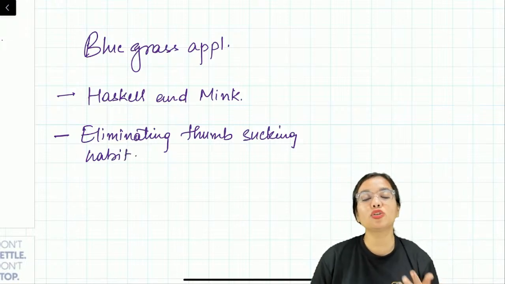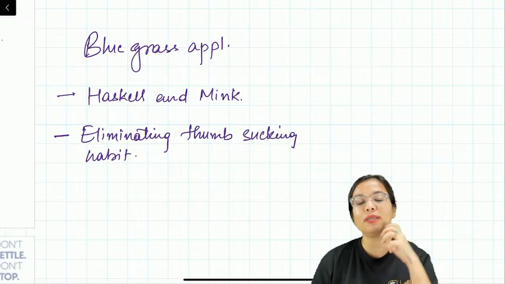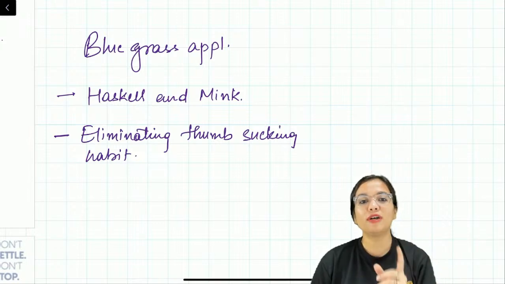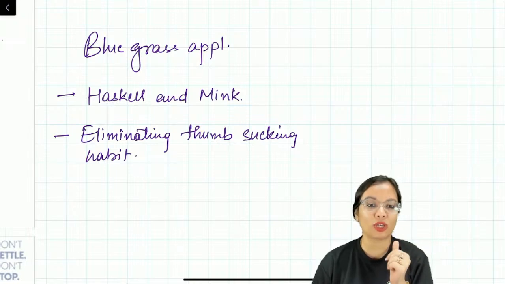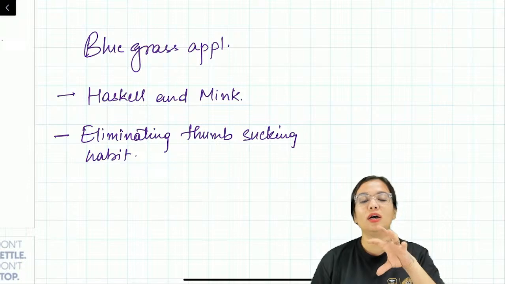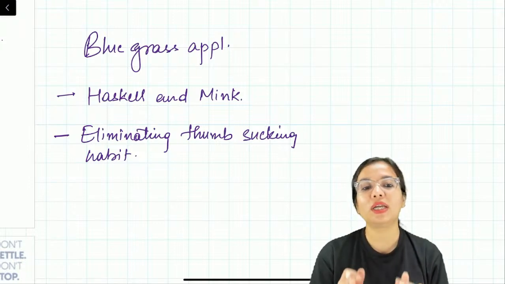So what happens? Why is thumb sucking so pleasurable as a habit for children? Because when they put the thumb inside their mouth, they suck the thumb. That means a vacuum or a sucking pressure is created in the mouth. When this Teflon roller is present, first, the vacuum or the suction pressure is not created in the mouth because of that roller. Second, the child will keep on playing with that Teflon roller, and the habit of thumb sucking will eventually come to an end.